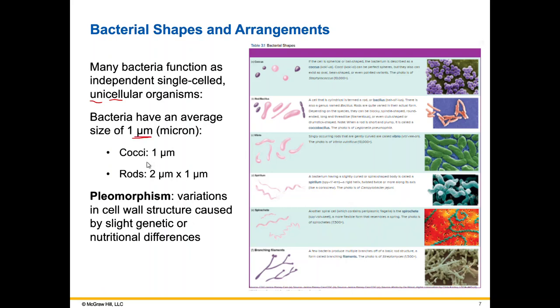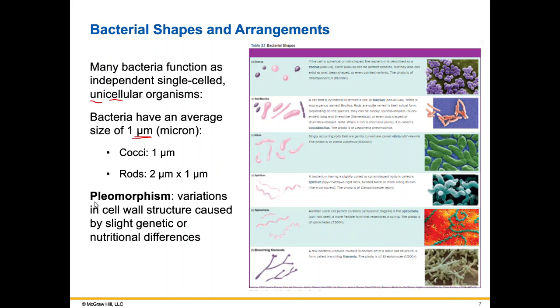So if we look at the shapes that are listed here to the right, I know they're difficult to see because of small writing, and I'm going to show you them individually after this slide. But all of them are going to have various shapes, and they are going to range in sizes of usually around 1 micrometer. That's really small. Obviously, we have to have a microscope in order to view them.